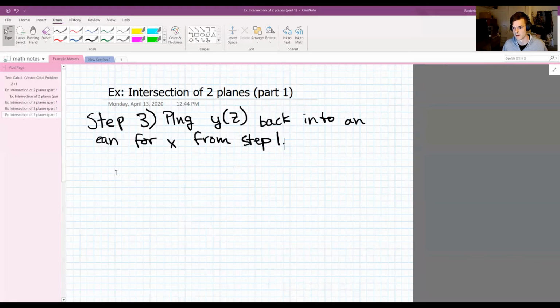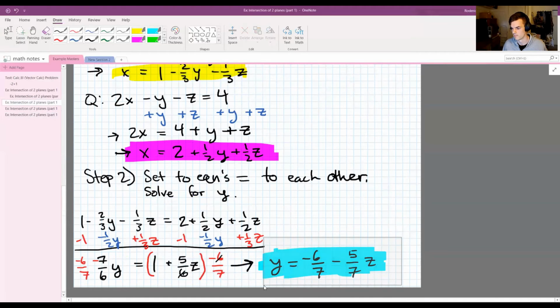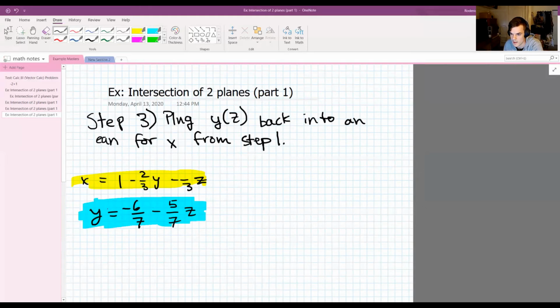So here we have x in terms of y and z, and we have our equation for y. So plugging this in, we get 1 minus 1/3 z minus 2/3 times minus 6/7 minus 5/7 z.